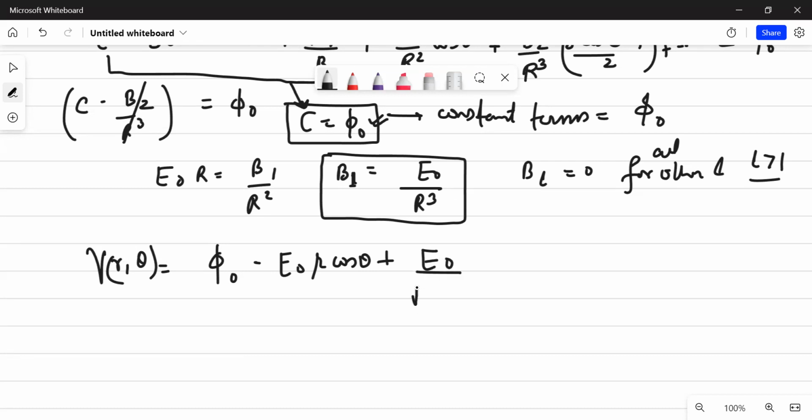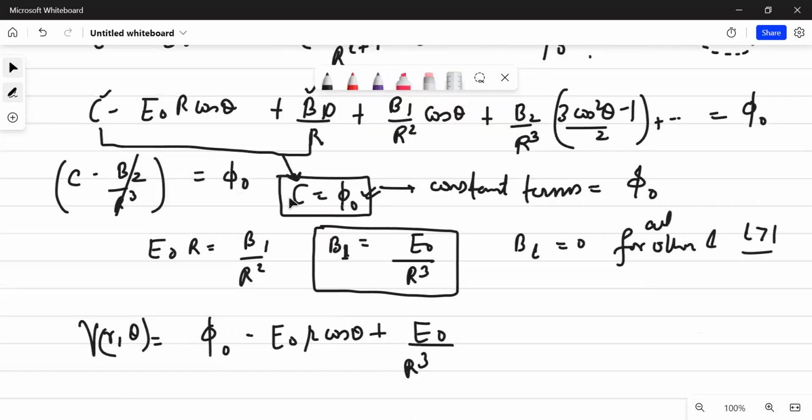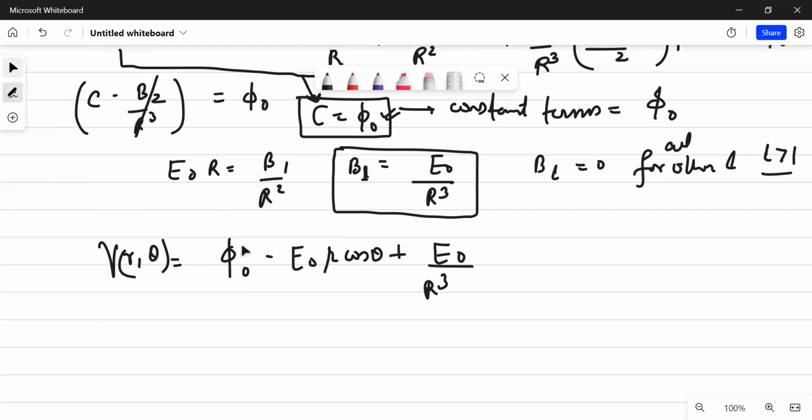So you have E naught upon R cube, this is your B1, and small r square would be here. And then you have this P1 cos theta, so this will be cos theta. I hope it is clear. Yes, sir. Yes.